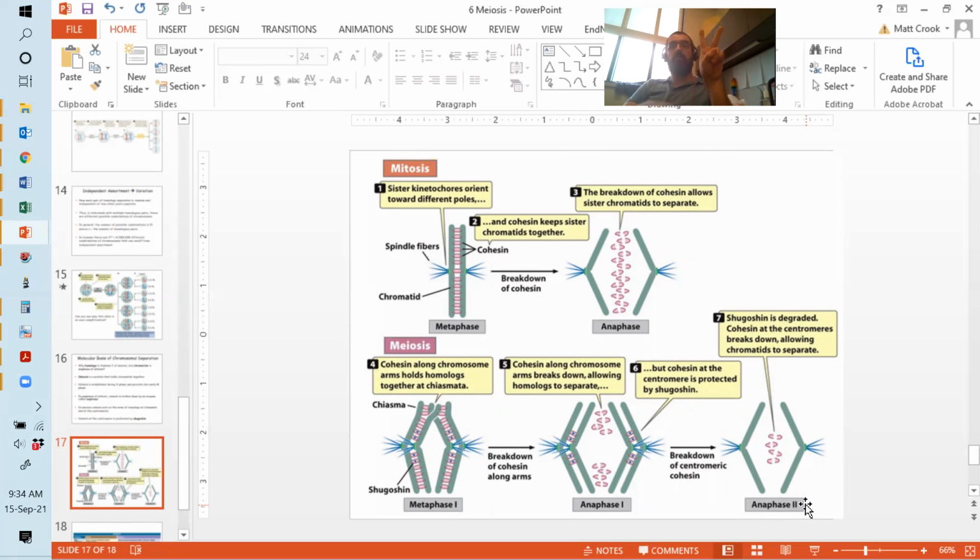That allows those to be pulled apart. So you end up with one chromatid, now chromosome, in each of those daughter cells. It's very elegant. I like elegant biology. It's neat. It's just like, man, that's cool, right? How that happens. Okay, any questions about any of that jazz?